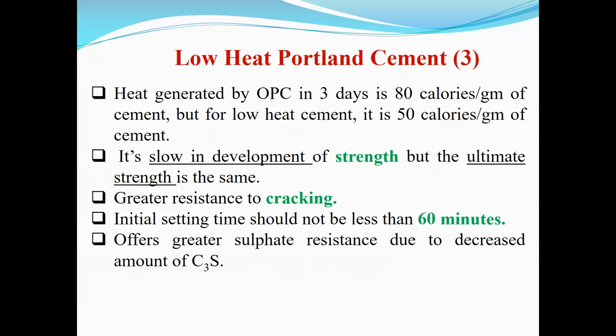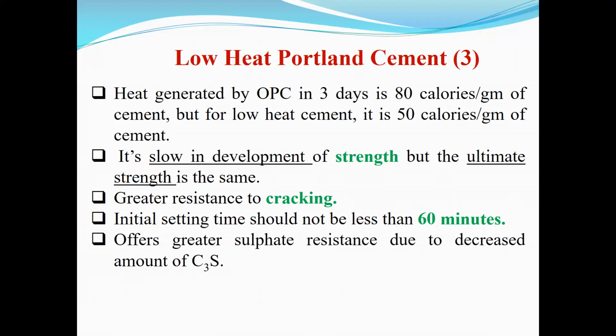Heat generated by normal cement in 3 days is 80 calories per gram, but in case of low heat cement, it is 50 calories per gram. Its development of strength is slow, but ultimate strength is the same as normal cement. So by adding C2S, we attain low heat, but strength remains the same.